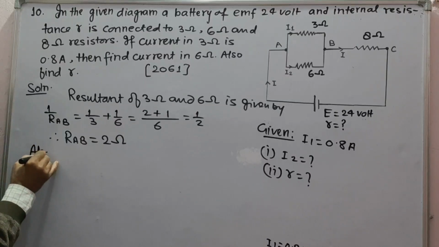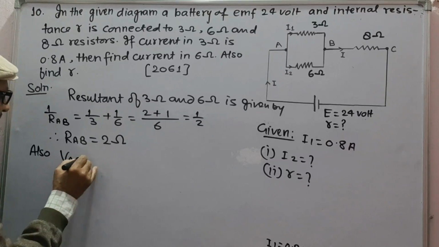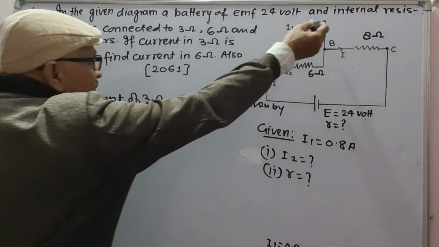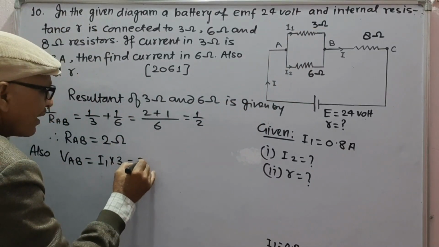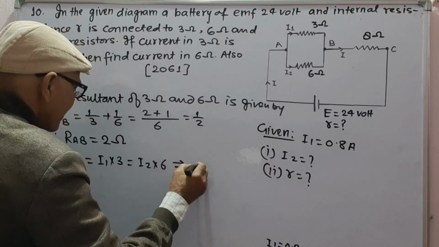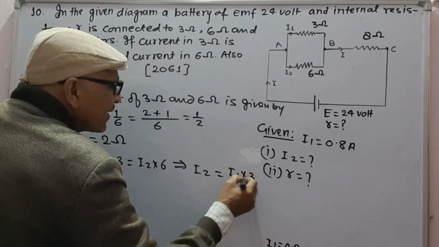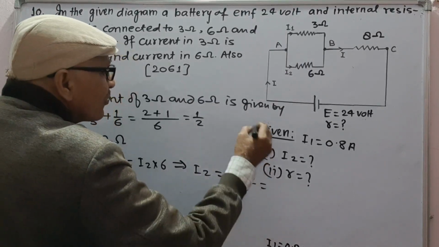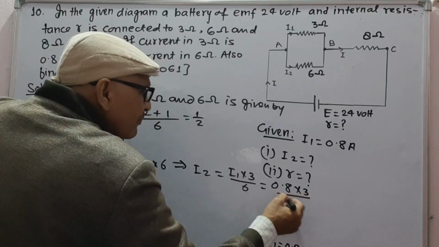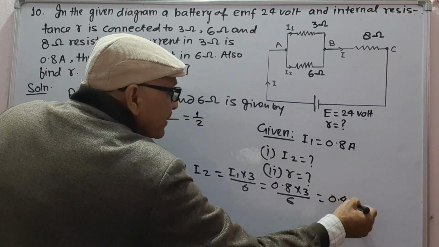Also, in parallel, potential difference is same. Therefore, I1 into 3 will be equal to I2 into 6, which gives I2 as I1 into 3 upon 6. I1 is given to be 0.8 into 3 upon 6 means 0.4 ampere.